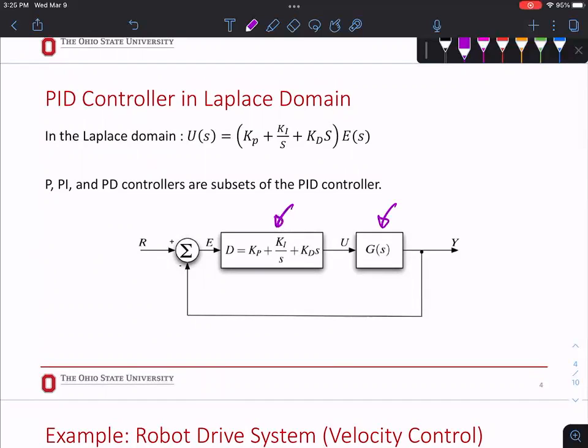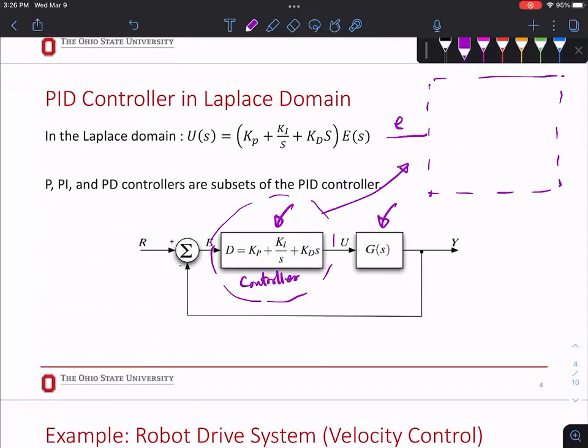My controller is D. Now, PID in terms of S domain, if you think of a box, you will see that there is KP plus KI over S plus KD times S. So this is a box. So this is a subsystem. There's actually a system inside this. So this will read the error, right? If I zoom in and draw it here, let's say that's the box.